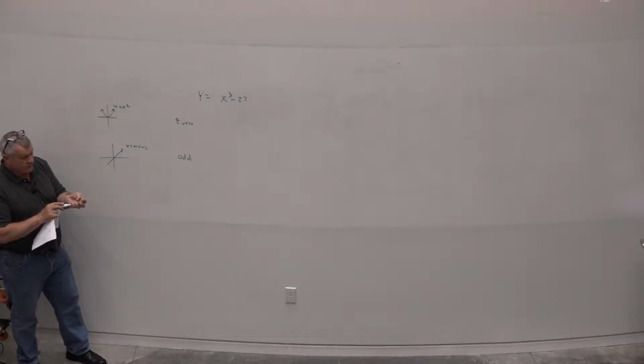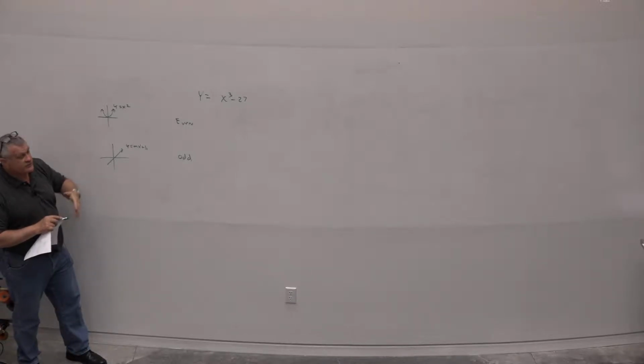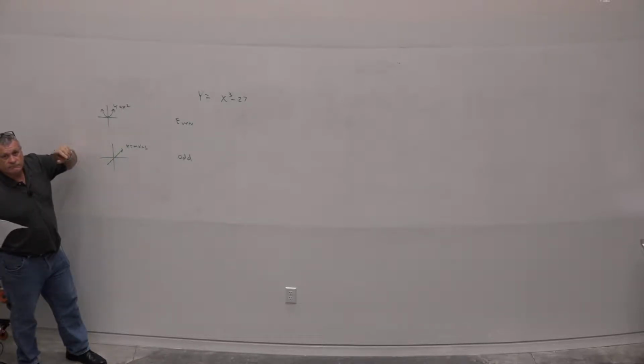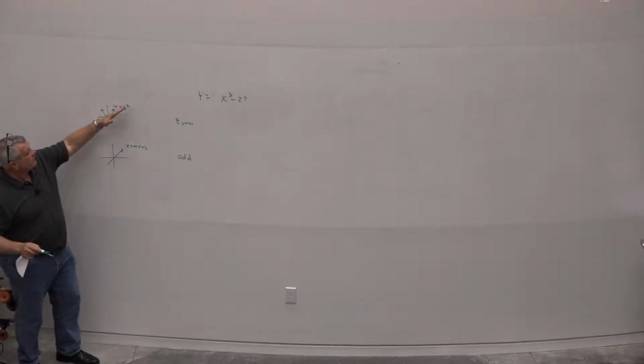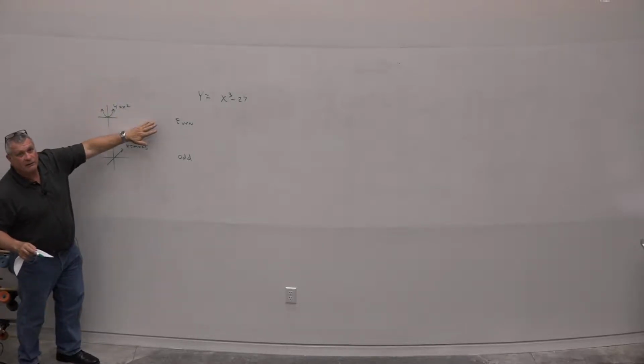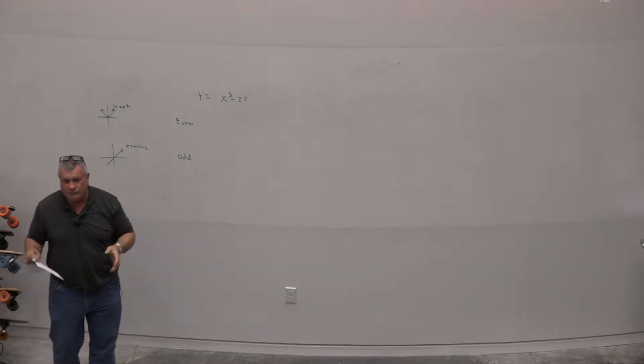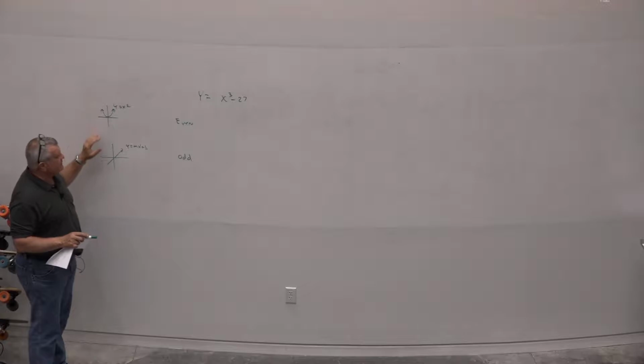Now there are other kinds of symmetries, by the way. There's symmetry about the x-axis. That doesn't turn up so much, and it's not that important. In the class we just got out of an hour earlier, my Monday, Wednesday class, remember there was some symmetry that went this way. There's all kinds of symmetry, but the two biggies are even and odd.